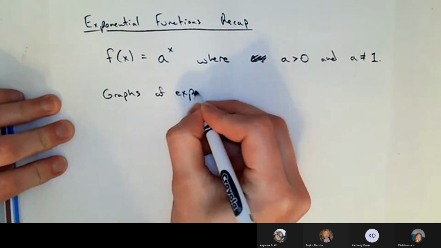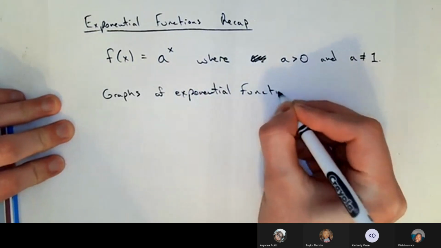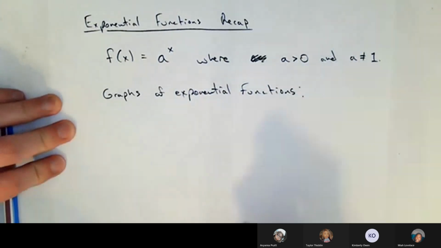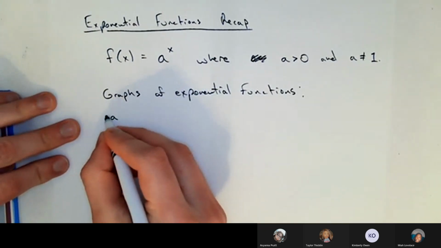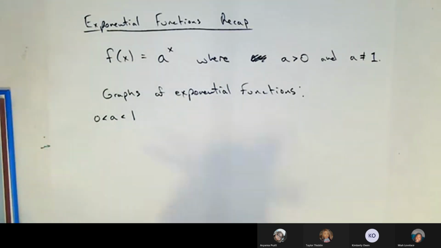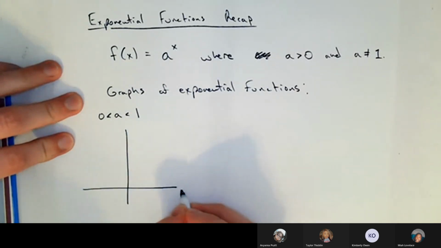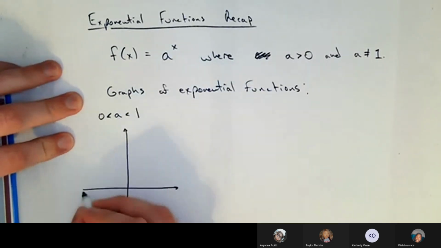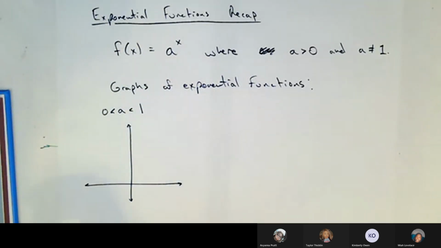We looked at graphs of exponential functions, and they all fall into two categories. You've got the category where a, the base, is between 0 and 1, so some fraction like 1/3, 1/2, 1/5, 2/3, some fraction less than 1. I may not have used this terminology before, but I'll use it now: they are exponentially decreasing.